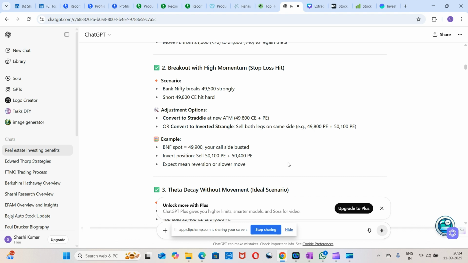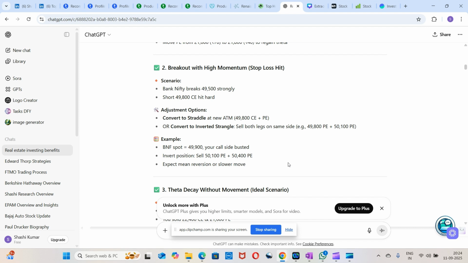So the spot would have been at 5200, and 5600 could be the other side P you would have taken. So what you'll do is you will now convert that entire strangle into an ATM. Whatever leg has been hit, you will take that as the new ATM, and you'll convert it into a straddle, and you'll buy a 49,800C and P with that.